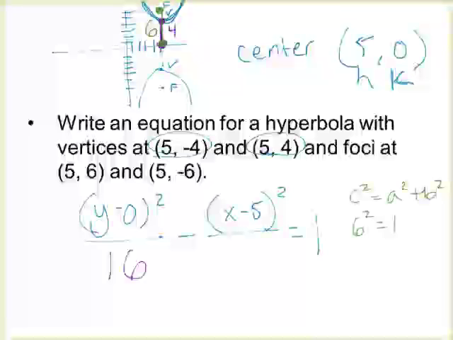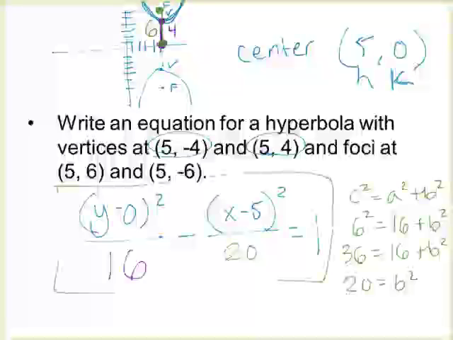A squared is what we already know, and b squared is what we need to know. So 36 equals 16 plus b squared. 20 is b squared, and that's what goes in the equation. Questions?